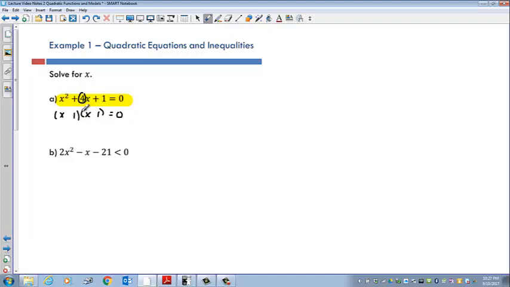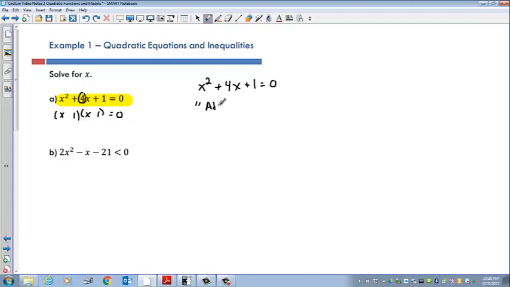So the second way to do it would be to complete the square. So let's complete the square on this thing. Let's start here with this quadratic equation, x squared plus 4x plus 1 equal to 0. And remember, to complete the square, you just follow the saying. So what's the saying?